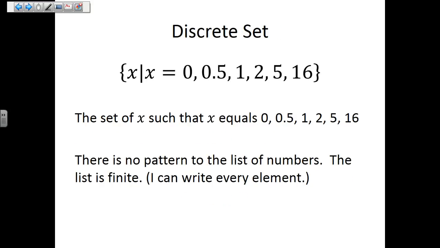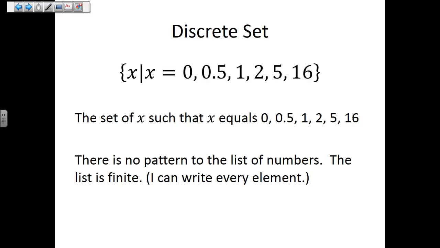Now let's take a look at a discrete list. Notice the set of X such that X, that's all the same. This is just a list of numbers. This would show up in like a table. So it's just a list of numbers that are exactly 0, 0.5, 1, 2, 5, 16. So this is a great way to just list a short list of numbers.